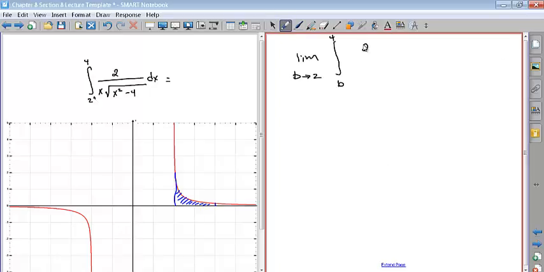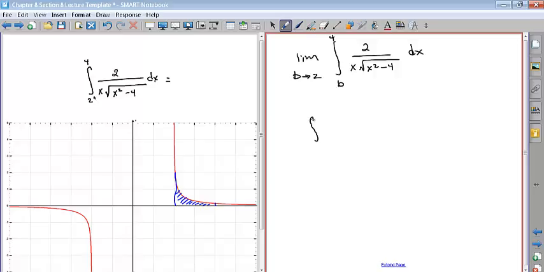Okay, so now the question is, what's the integral of this? If you look in your book under the different integrals, I'm pulling out my list here, at the bottom of the first page you'll see formula 18.